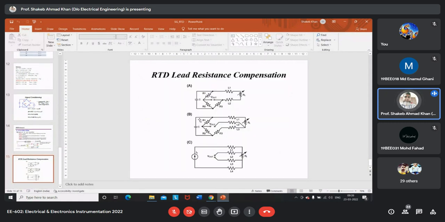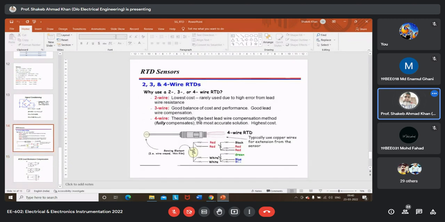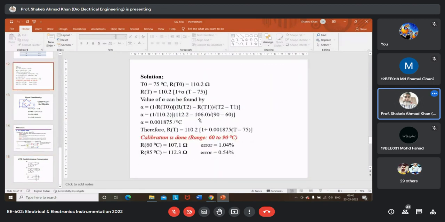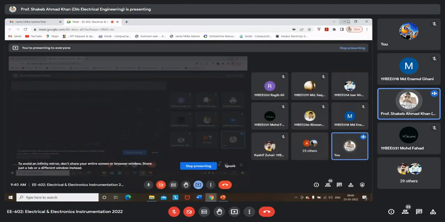This is all we are supposed to cover. If anybody has any query regarding RTD at this point, you can ask, please. Anyway, then I'll take up another sensor.